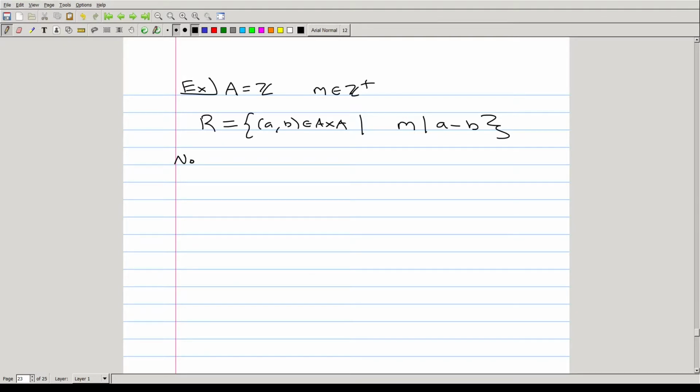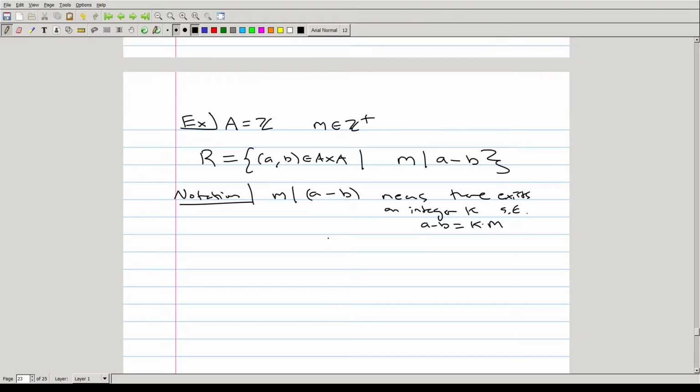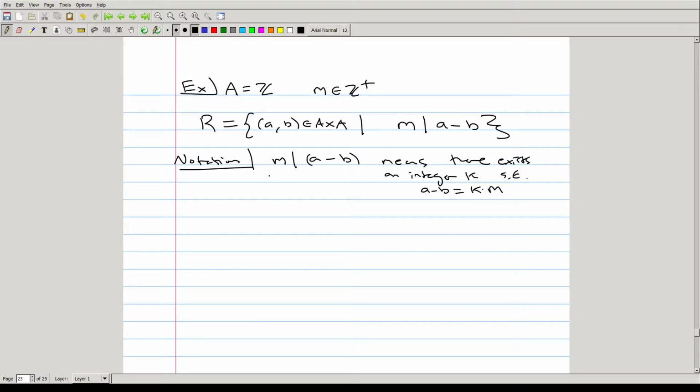A little bit of notation here. Remember that M divides A minus B means that there exists an integer K such that A minus B is equal to K times M. That's how we read this statement right here.